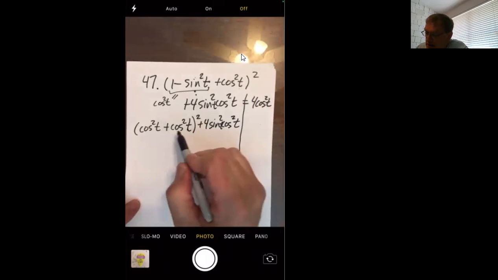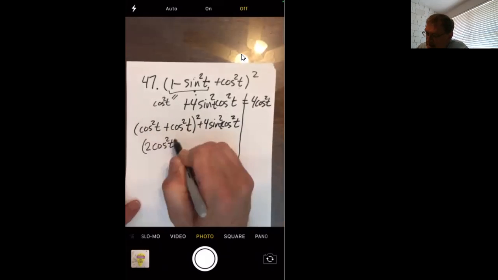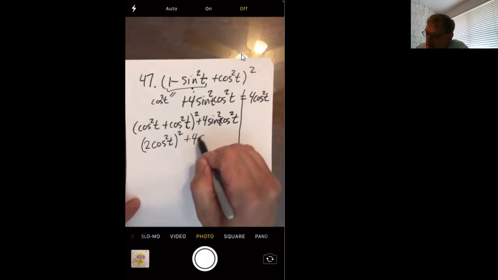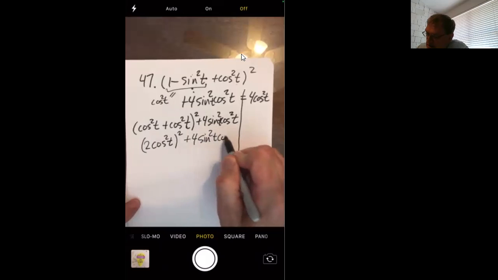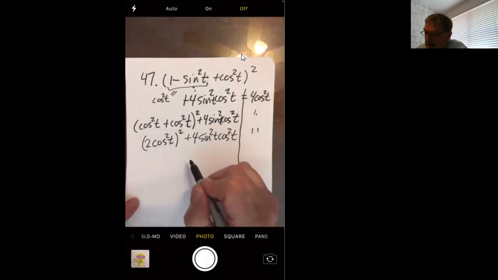Now a cosine squared add a cosine squared, that's a 2 cosine squared, and that is squared. Add a 4 sine squared t cosine squared t.